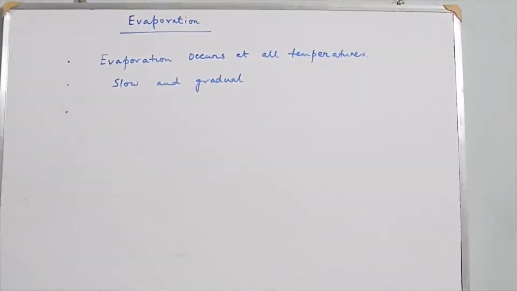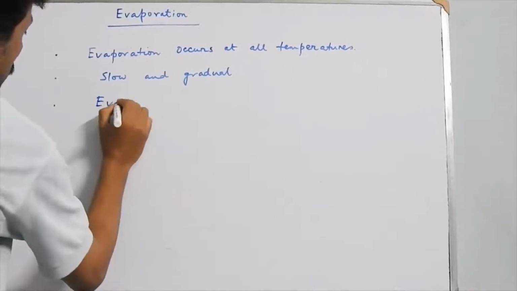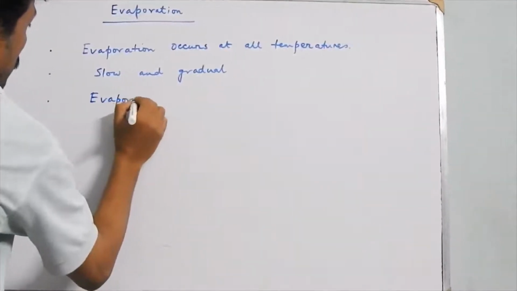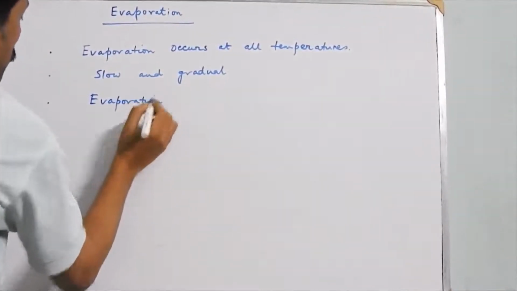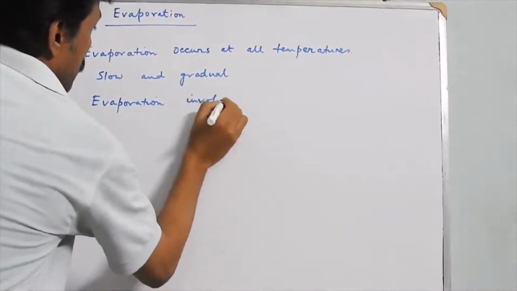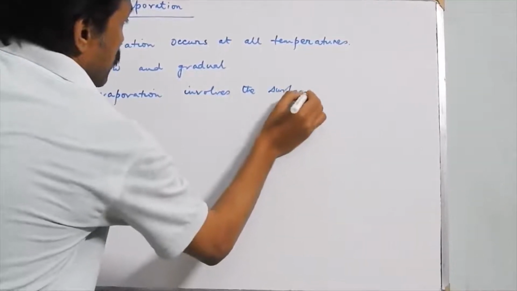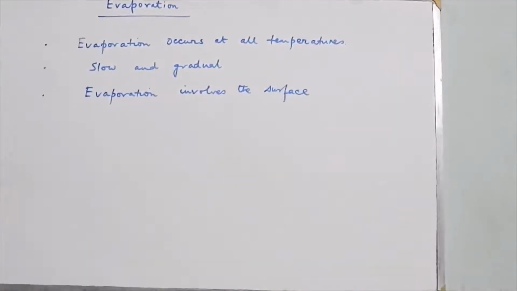Evaporation involves the surface of the liquid. The molecules at the surface of the liquid are involved in the process of evaporation. So it is a surface phenomenon, you can say.